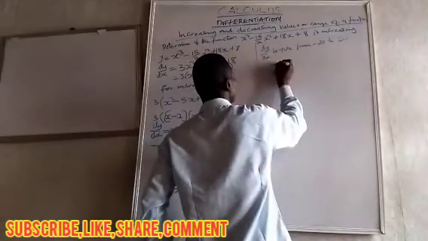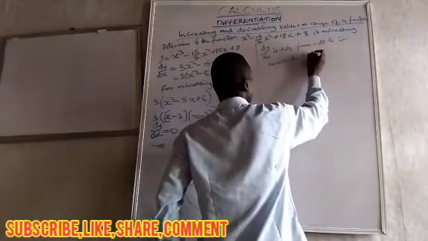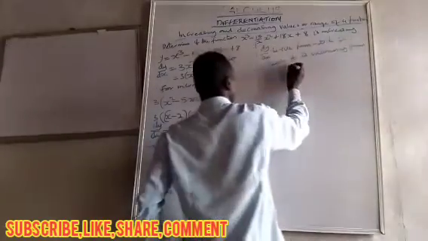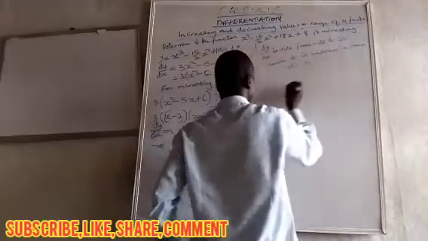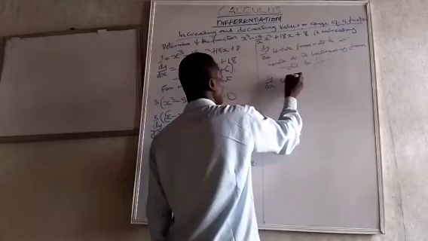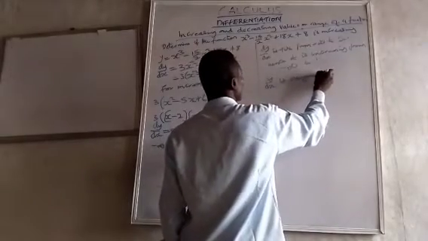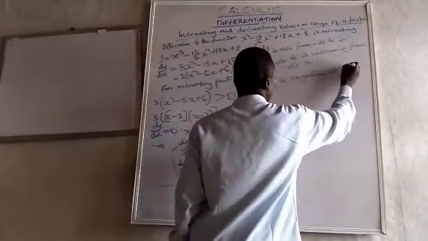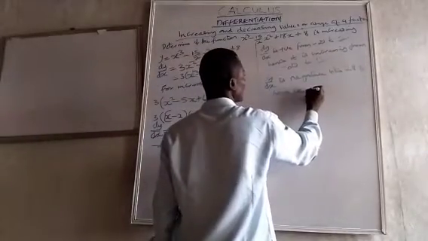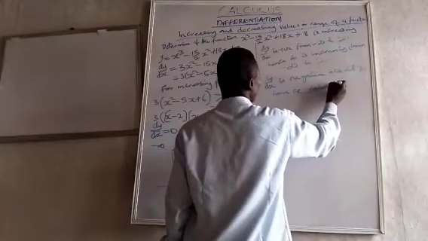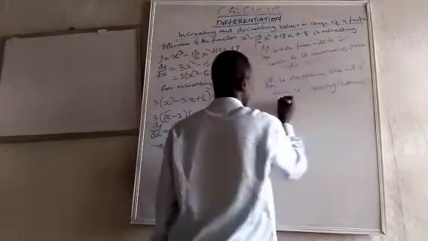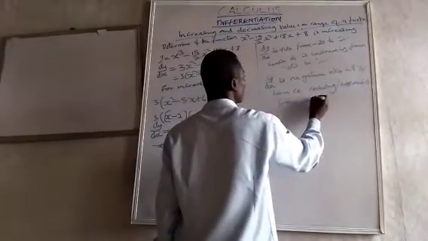Hence, it is increasing from negative infinity to 2. dy/dx is negative between 2 and 3. Hence, reducing or decreasing from 2 to 3.